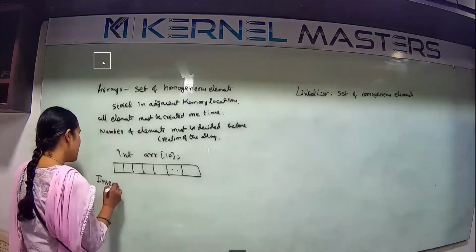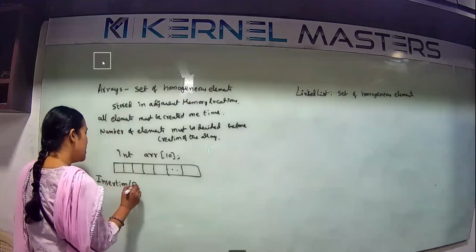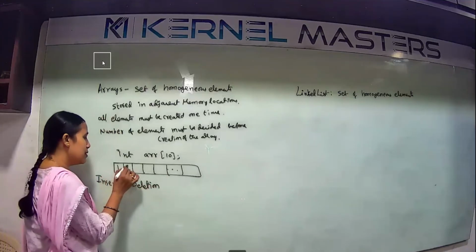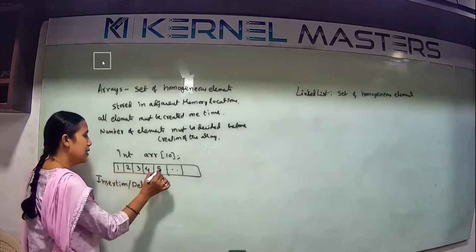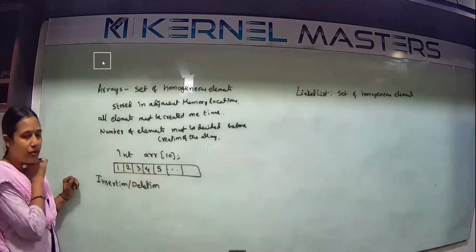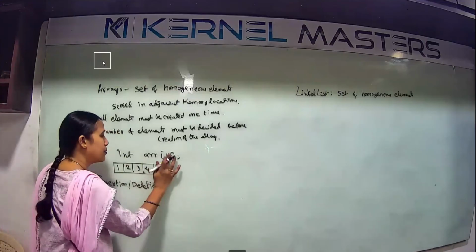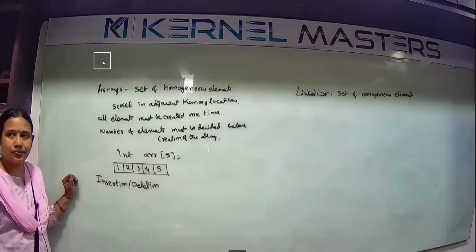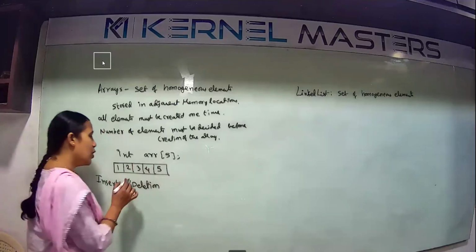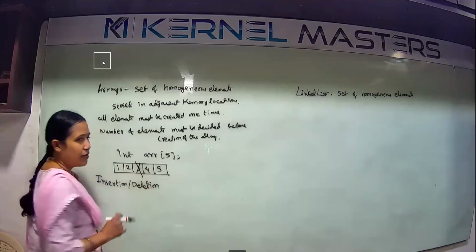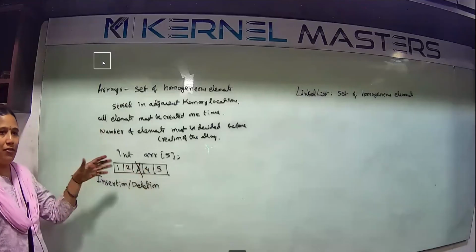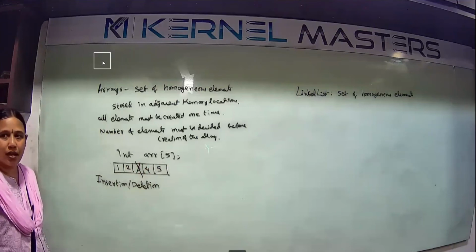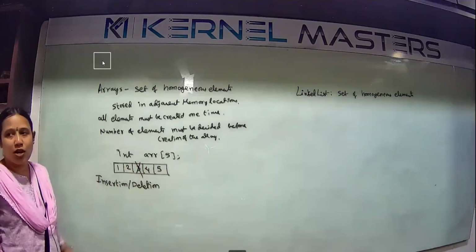Insertion or deletion. Suppose this is the data that I am holding already, 5 elements, and all 5 elements have some data already. Now if I want to delete some existing element from the middle of the array, hard deletion is not possible.